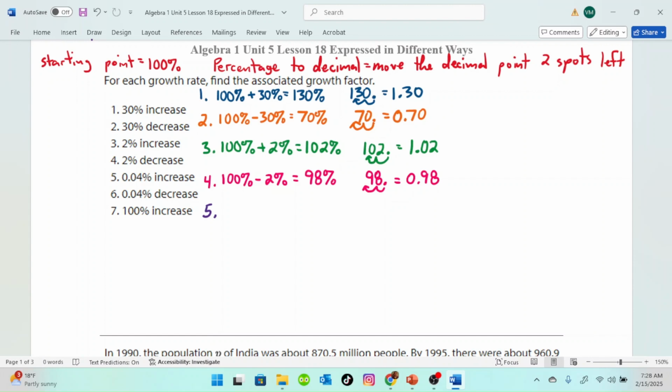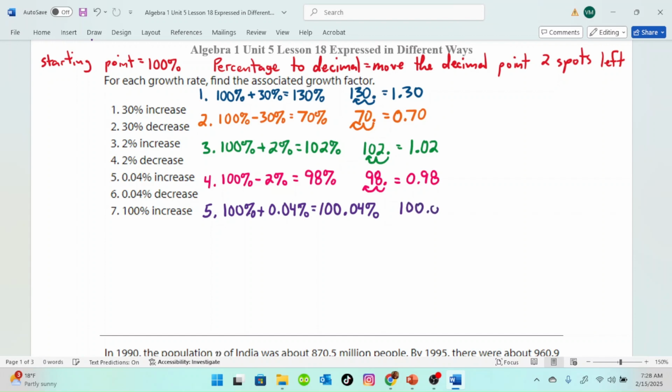Number 5, we have a 0.04% increase. We take the original 100%, we add 0.04%, and that gives us 100.04%.